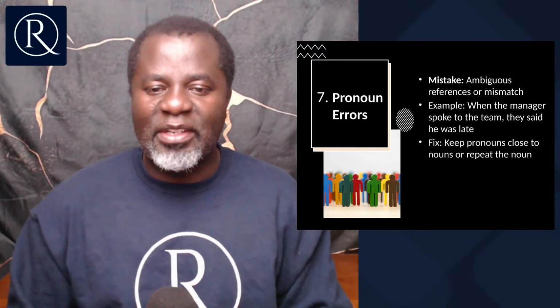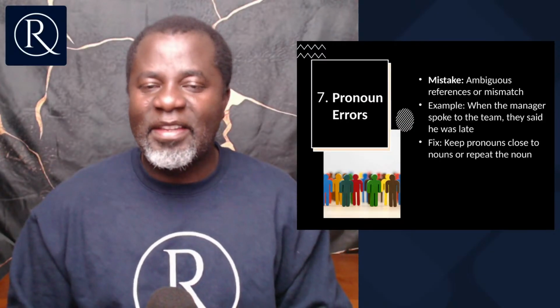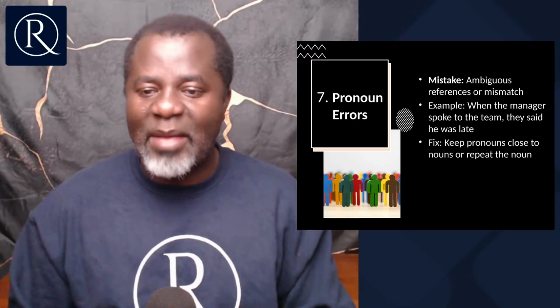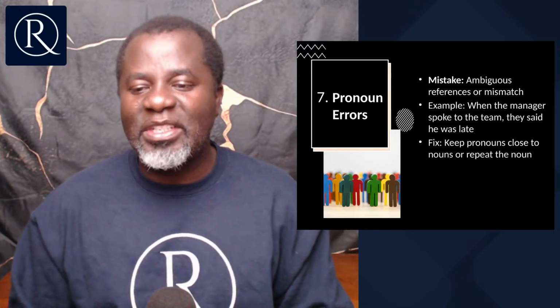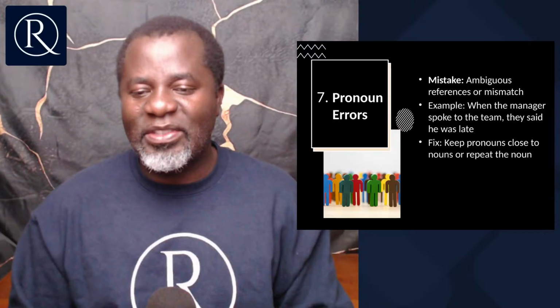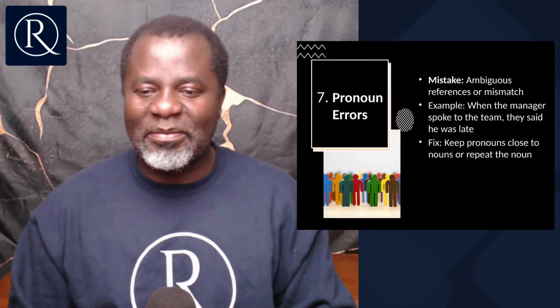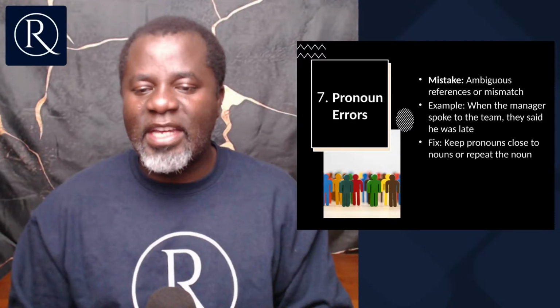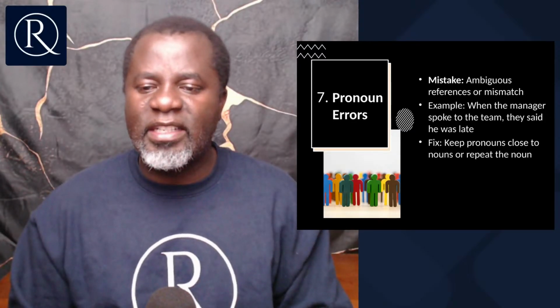Mistake number 7, pronoun errors. The mistake is ambiguous references or mismatch. For example, when the manager spoke to the team, they said he was late. Now, look, who is "they" in this sentence?